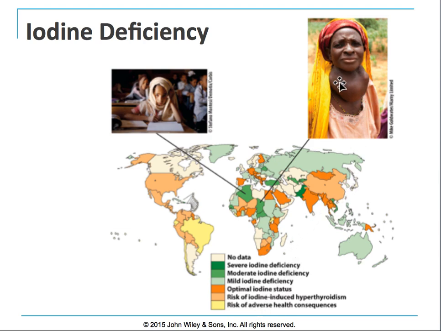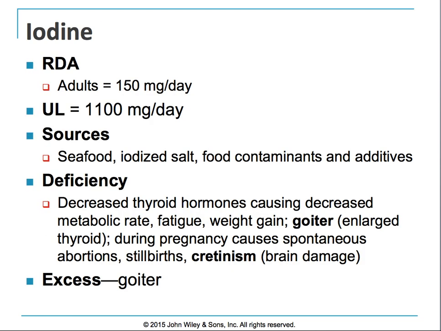And this individual here on the right has a goiter, which in this case is associated with an iodine deficiency. And the goiter, you'll notice, is located on her neck, because that is where your thyroid gland is, and where that iodine deficiency is going to present itself in terms of a physical symptom.